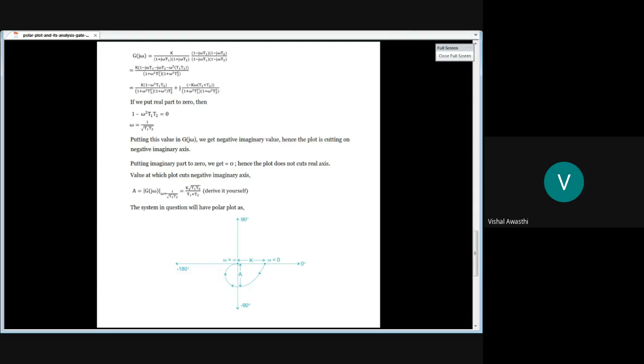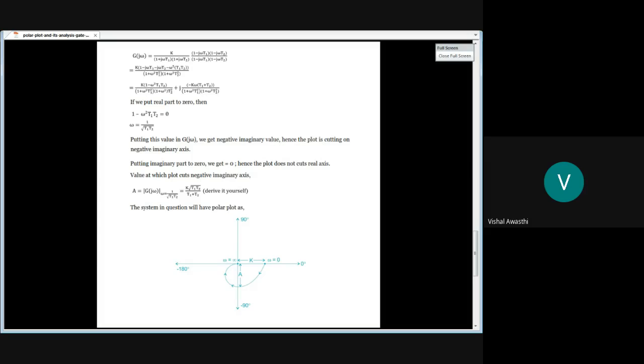It will follow the direction of minus 180 degree phase. And you can see that on your origin, you are having omega is equal to infinity. So this is nothing but your polar plot of the given question.